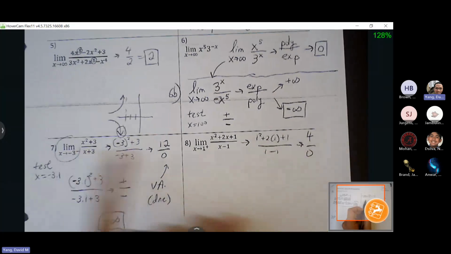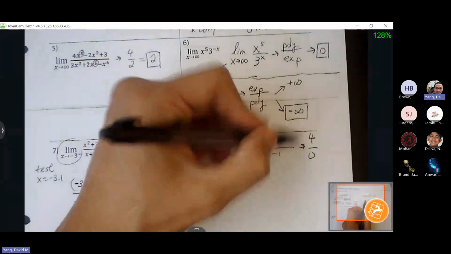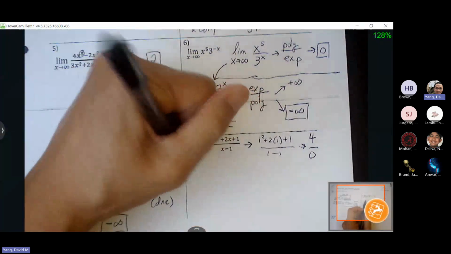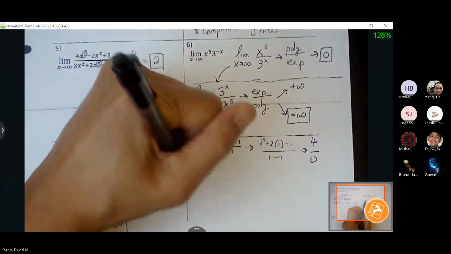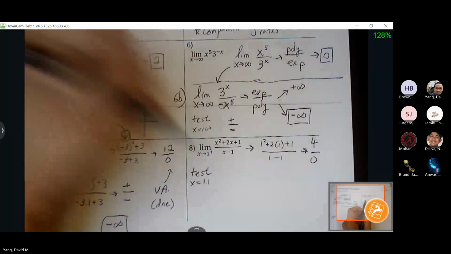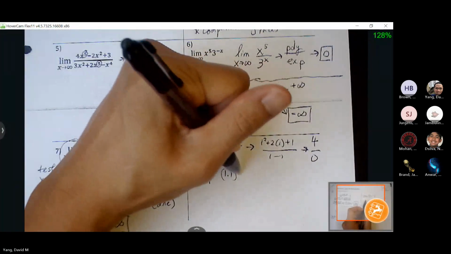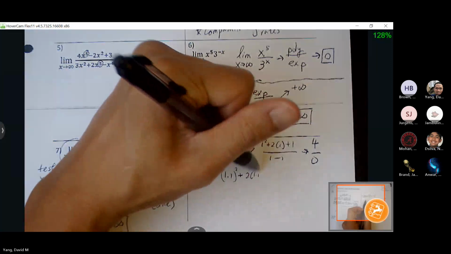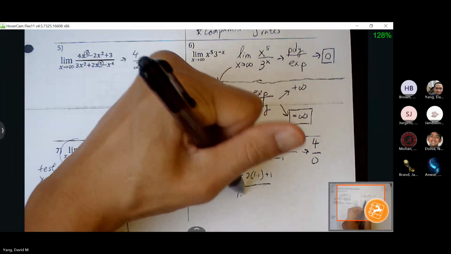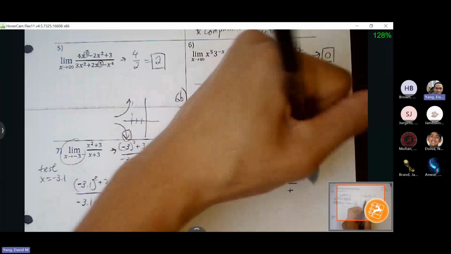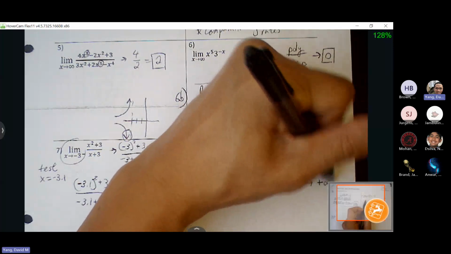So just like before, we can use decimals to confirm whether we're headed towards positive or negative infinity from the right side of 1. So we can test. Numerator will stay positive, denominator will stay positive, so positive infinity.